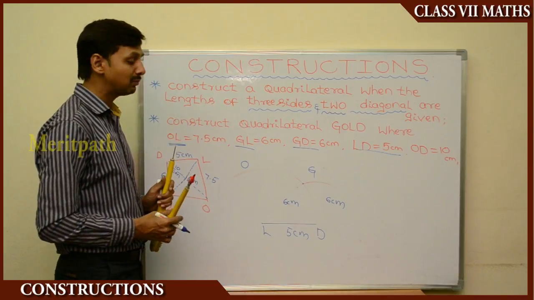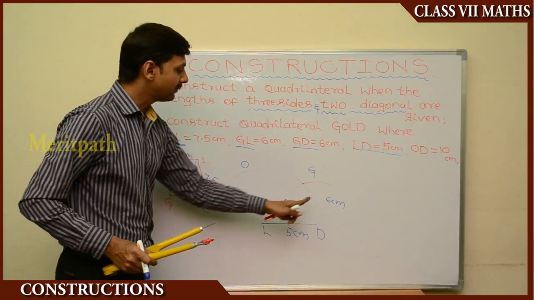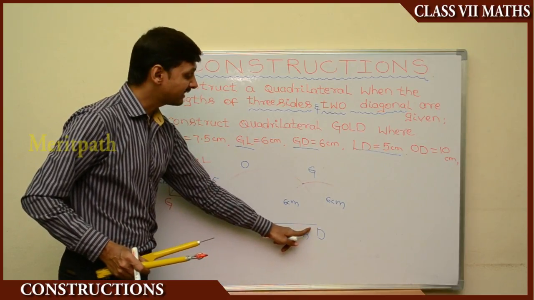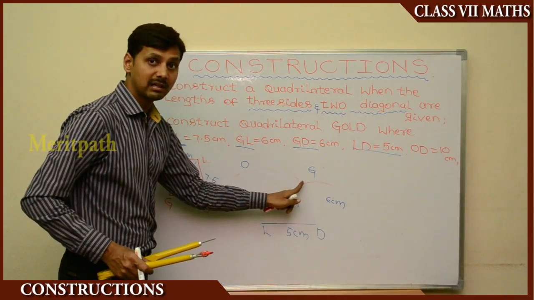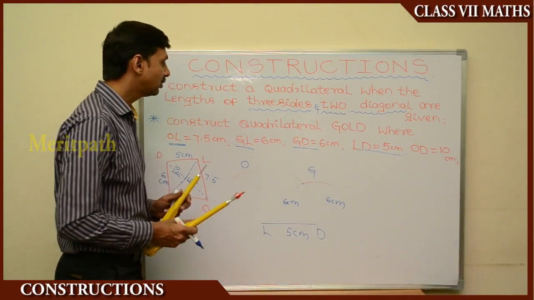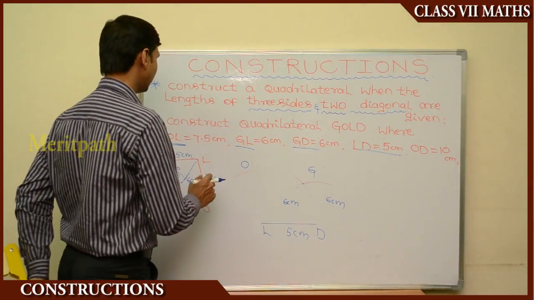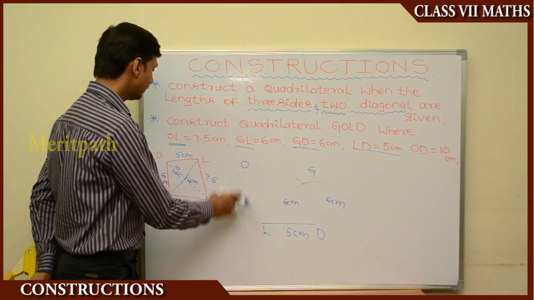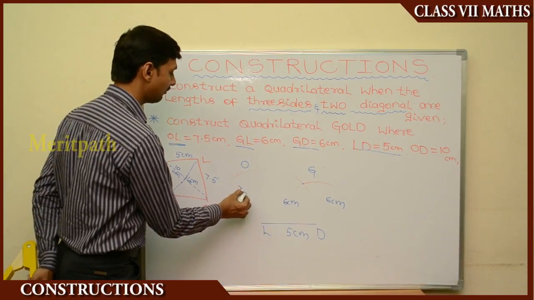Remaining all the things are completed. How? 6 centimeters diagonal, 6 centimeters radius, 5 centimeters line segment, and 6 centimeters line segment, and then 6 centimeters here. OL is 7.5 centimeters we have drawn here.